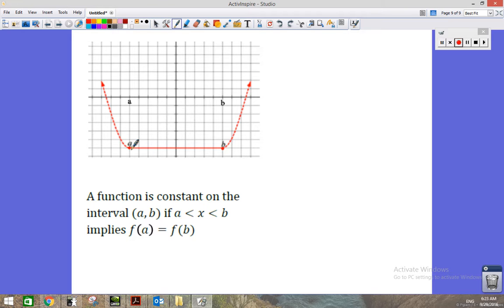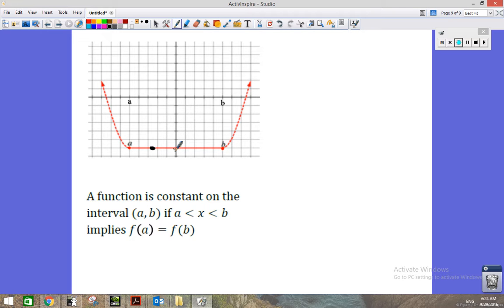We've made that part of the graph a solid line, and we're indicating that the endpoints of this, the x-coordinates, are A and B. So if we look at any point on the graph where the x-coordinate is between A and B and observe what's happening to the y-coordinates, in this picture, the y-coordinates, the output of the function, is remaining constant.